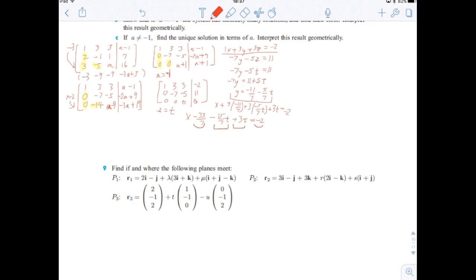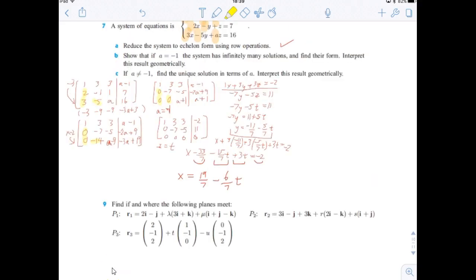So we'll have x equals -2 plus 33/7, which is -14/7 plus 33/7, which is positive 19/7. And then -15/7 t plus 3t would be 21 minus 15, which is 6/7 t, and then subtracting it over to the other side, it's -6/7 t.